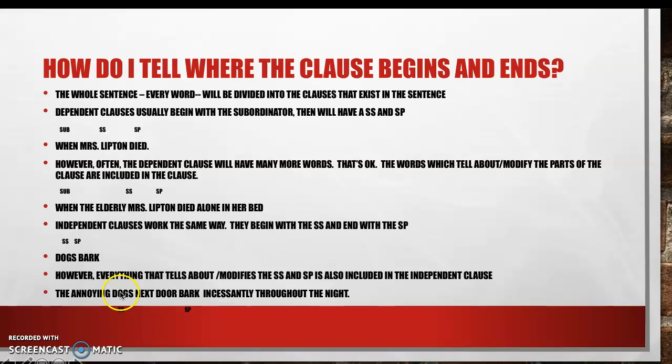Next door tells about dogs. Incessantly tells how they bark. And throughout the night is a prepositional phrase that tells when they bark. So every one of these other words directly pertains to the essential element of the subject or the predicate. They tell about them, they modify them, and so they must be included in the independent clause.